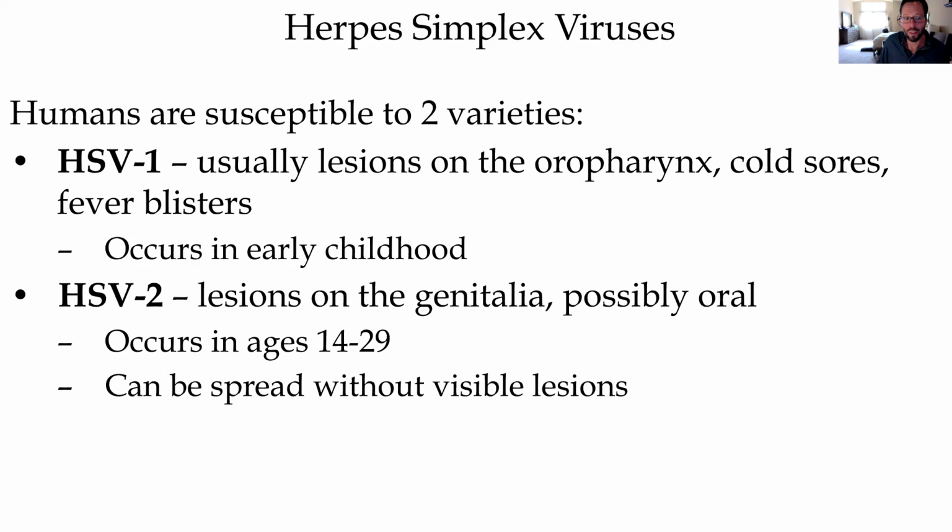And it's important to know that HSV2 can spread without discernible lesions. Okay, if a person has HSV2, they may still be able to pass that on, even if there is nothing to show that they have that infection.